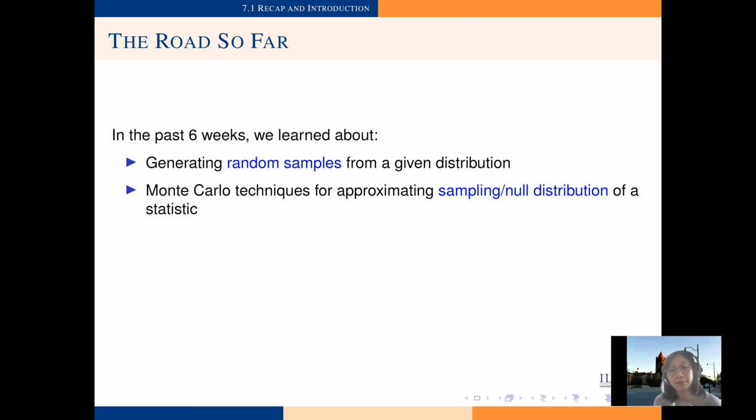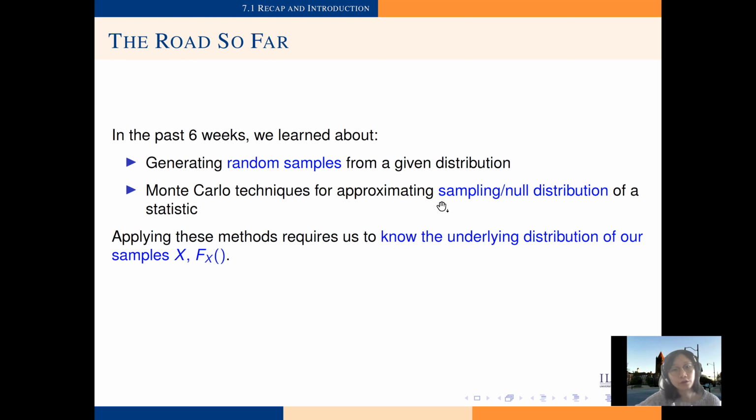And by knowing the sampling distribution, we can do many things. We can approximate its mean, the standard deviation or the variance of the distribution. We can also approximate all sorts of probabilities, which is useful for figuring out things like confidence level and for testing hypotheses.